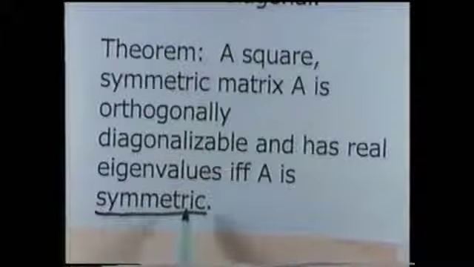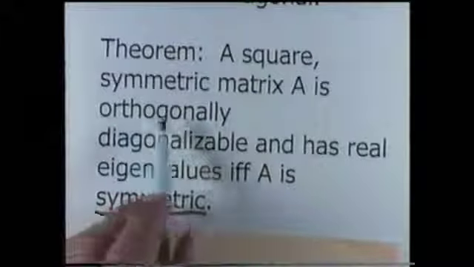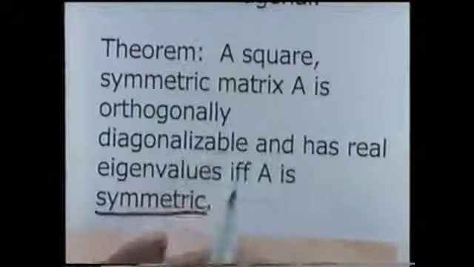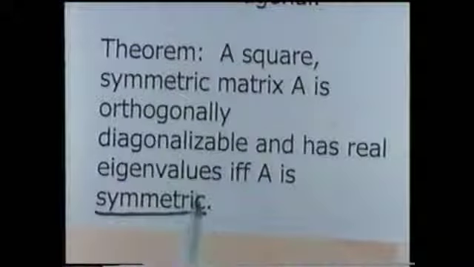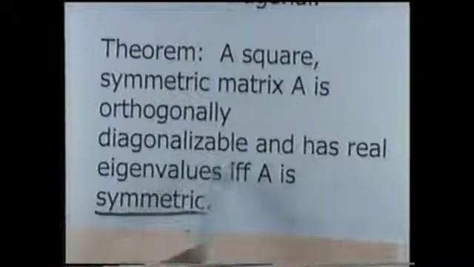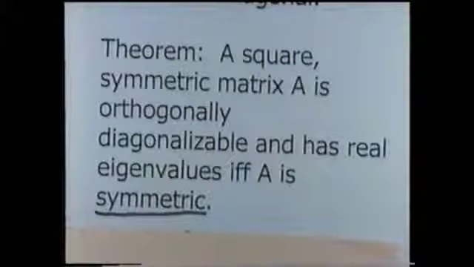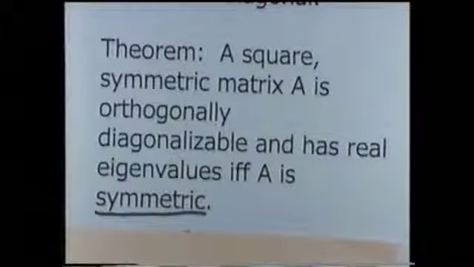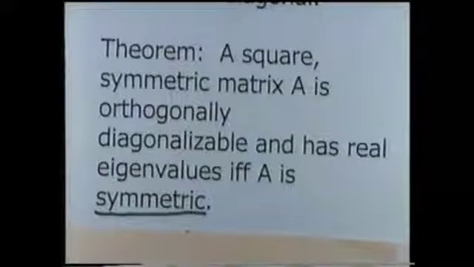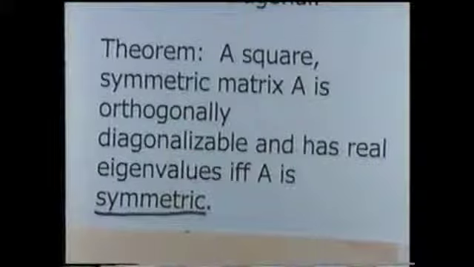If A is symmetric, then we know that it is orthogonally diagonalizable, and it will also have real eigenvalues. We talked about this part before, and notice it is if and only if. So this theorem tells me that it can be done.